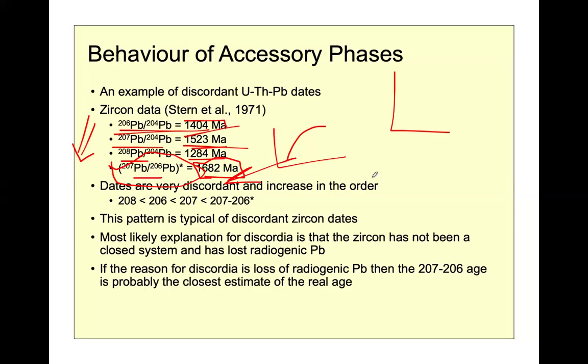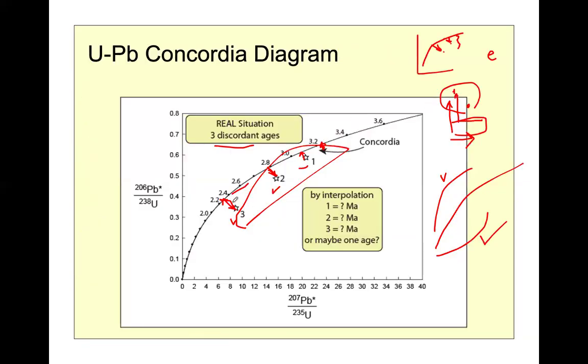Normally, if you are getting discordant ages, the age will show an increase from 208 to 206, 207 to 206 radiogenic. So there may be some deviations, discordant data, like what you see here, different ages.